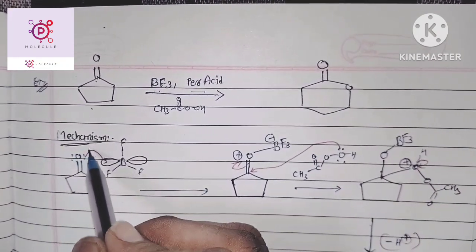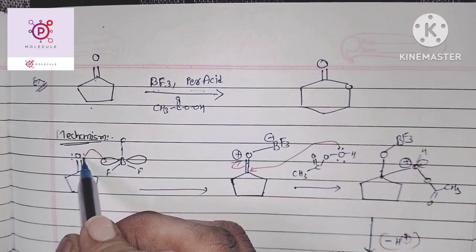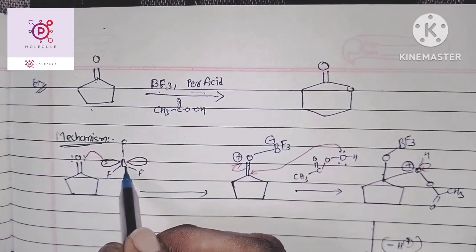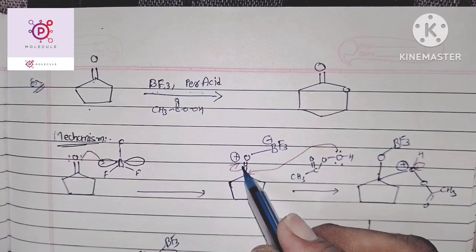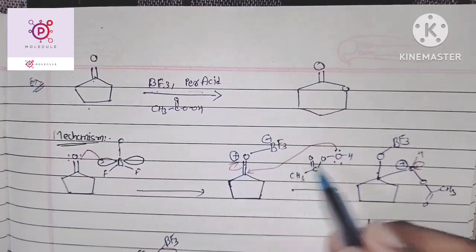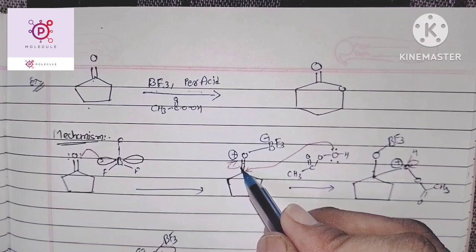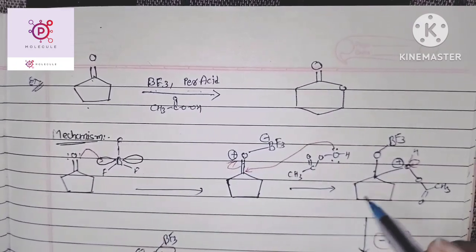In its mechanism: first, the lone pair attacks the vacant orbital of the boron compound, then the oxygen has a positive charge, so that the peracid oxygen attacks the carbonyl carbon, and this oxygen will be neutralized.